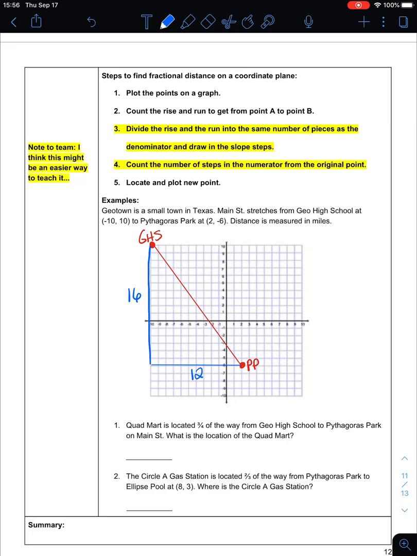So here's what we want to do, and this is a little bit different from the steps that I have here. Instead of doing this, we want to multiply the rise and the run separately by the fraction that you were given. And then after that, you want to count.